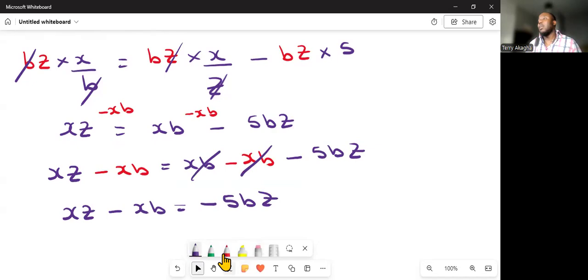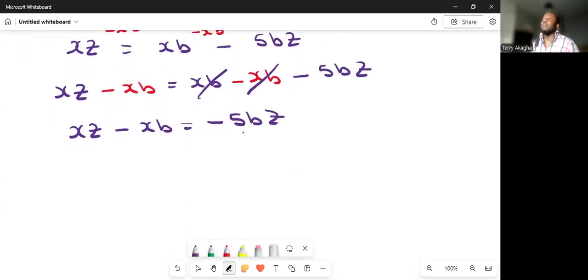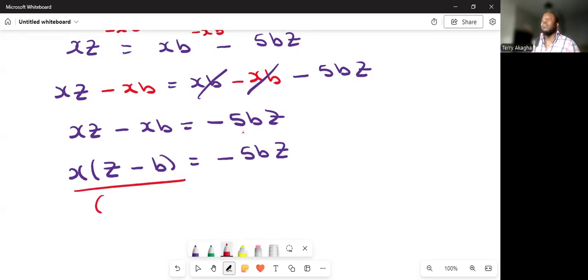Okay, now we have all the x's on one side. So now we can factorize. So x is the common factor. So we have x(z minus b) will be equal to minus 5bz. All right. Now to get rid of this z minus b, we divide both sides by z minus b.